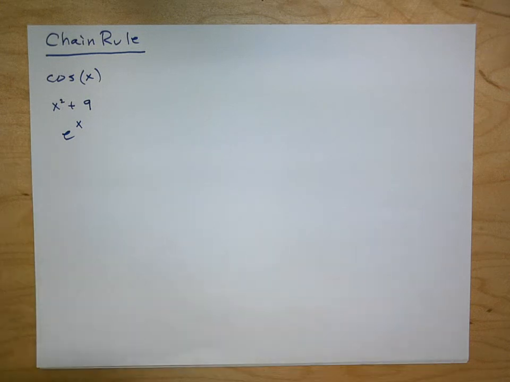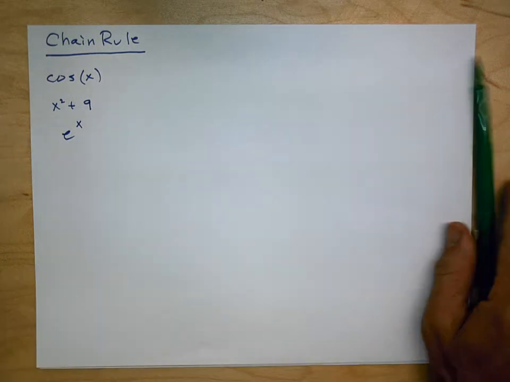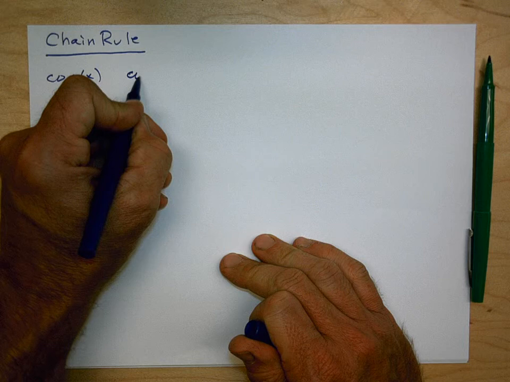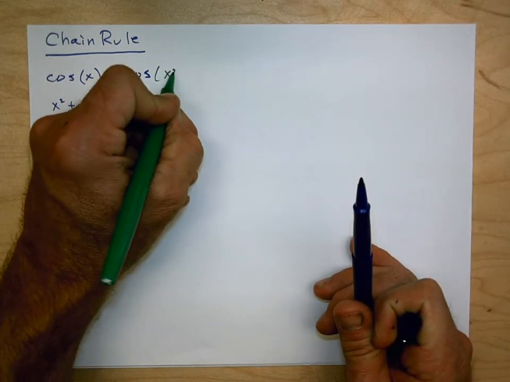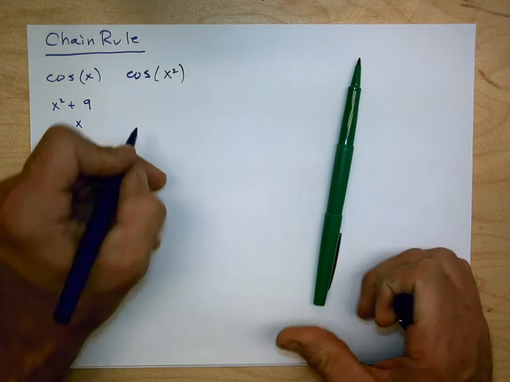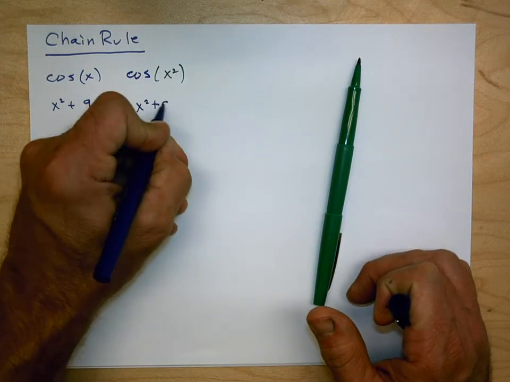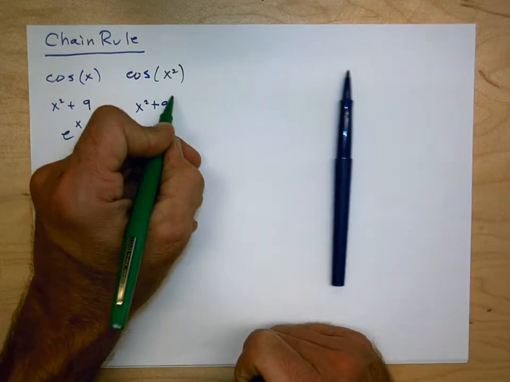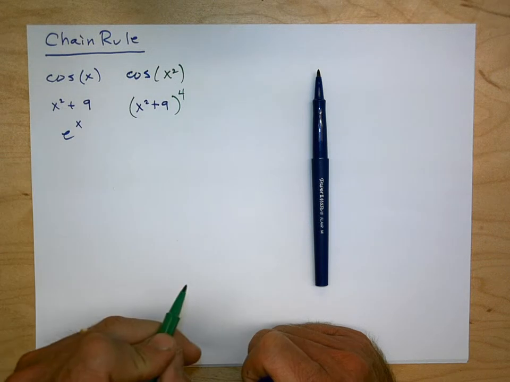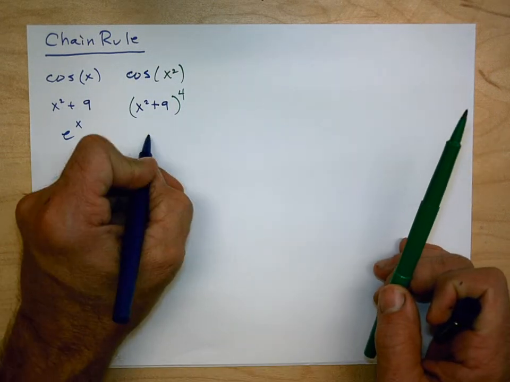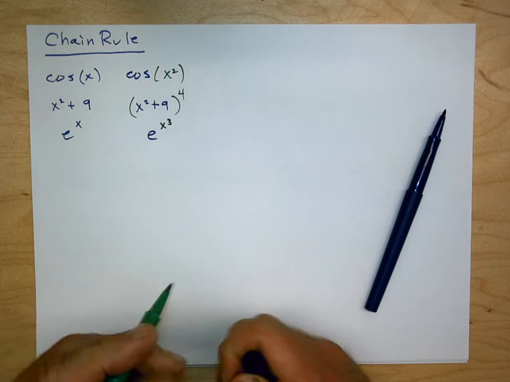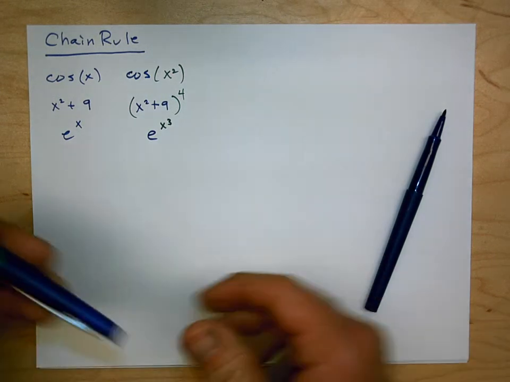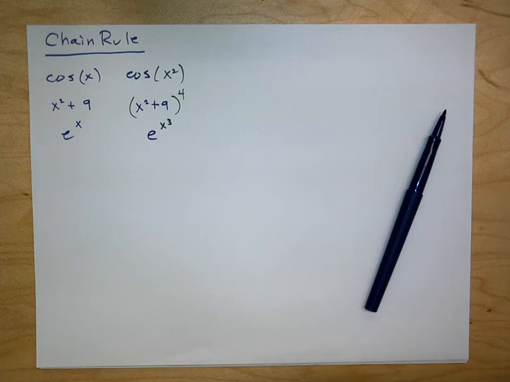But what we don't know yet is how to find something like cosine of x squared, or x squared plus 9 to the fourth power, or e to the x cubed.